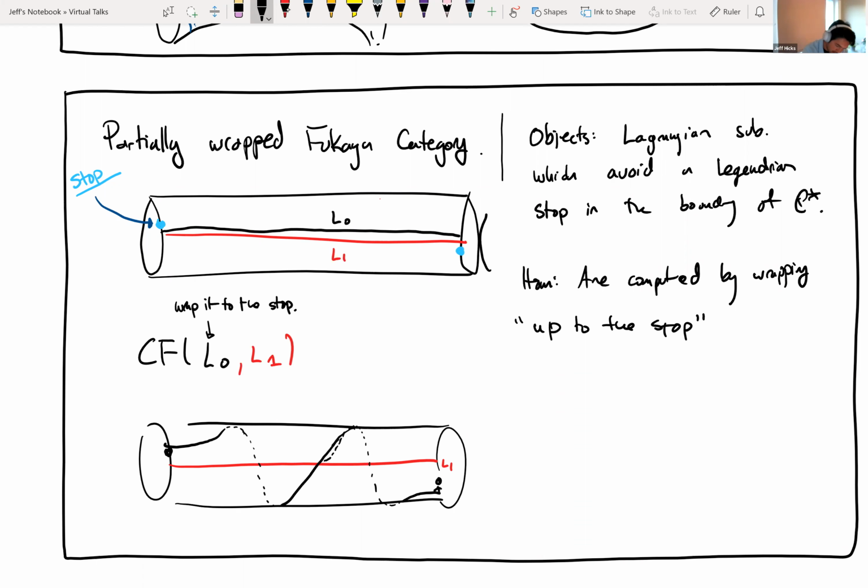The direction of wrapping that I'm considering is wrapping upwards on this end and wrapping downwards on this end. And after I've instigated that wrapping, now L0 and L1 intersect at one point.